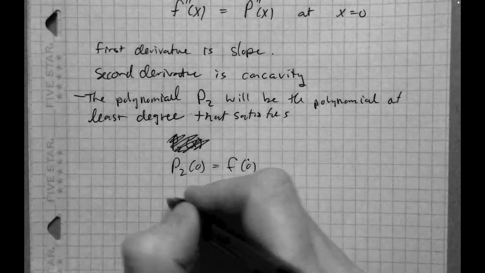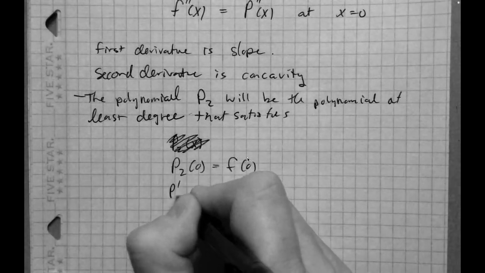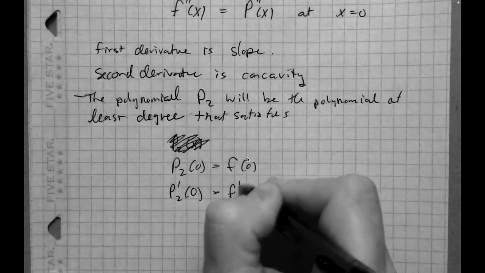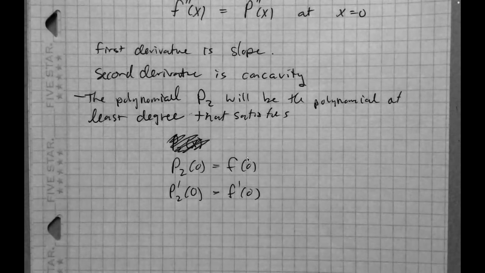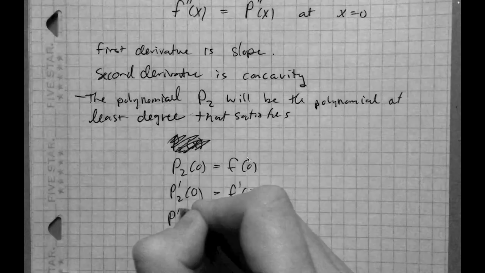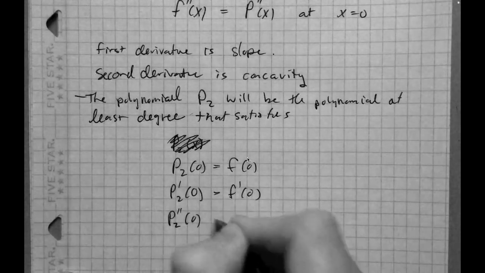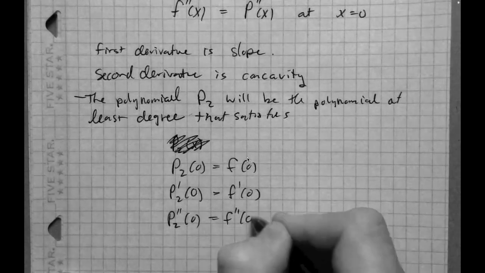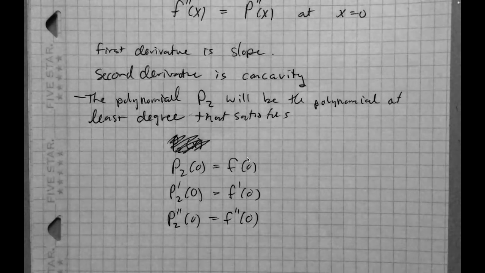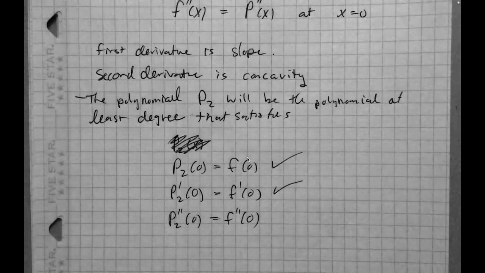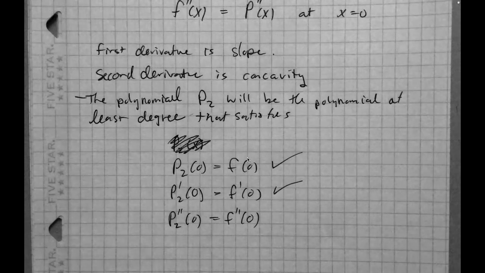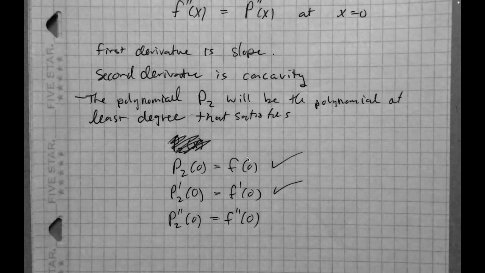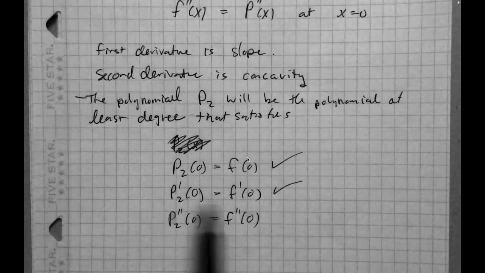We also need the first derivatives, so P2 prime of 0 equals f prime of 0. And we want now the second derivative as well. P2 double prime needs to equal the second derivative of f. Previously we had these two, and consequently the polynomial of least degree was linear, and so had no curvature.